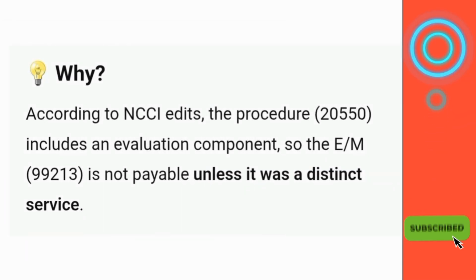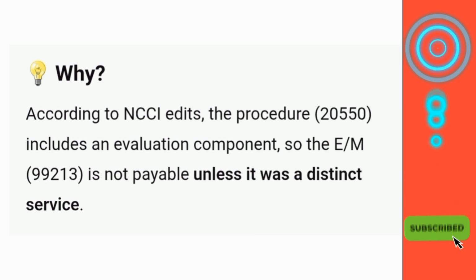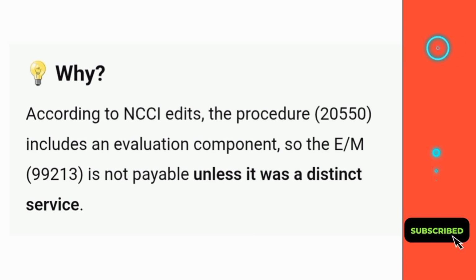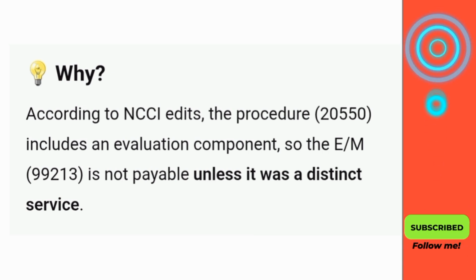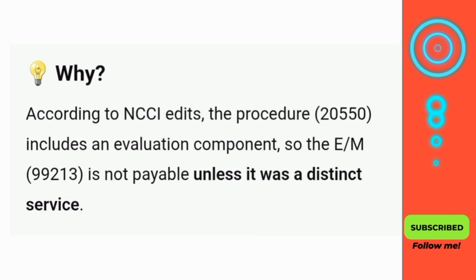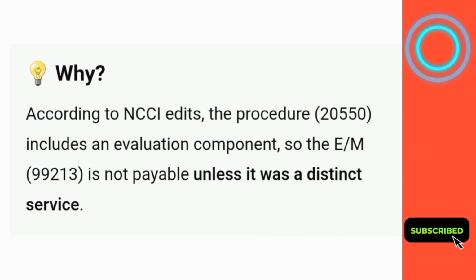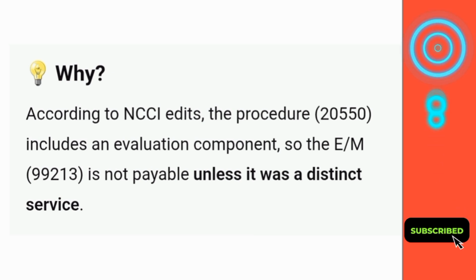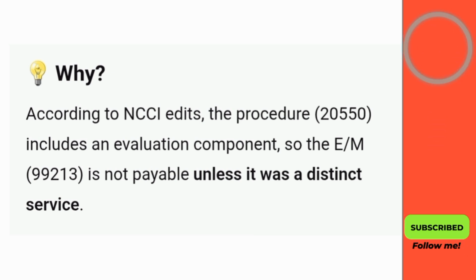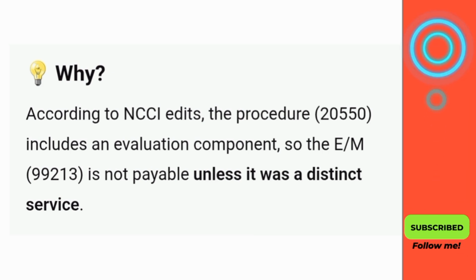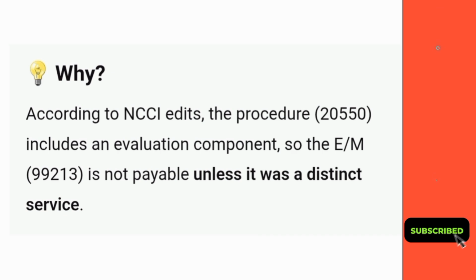So what is the reason that we received this? According to the NCCI data, the procedure code 20550 includes an evaluation component, so the E&M 99213 is not payable unless it was a distinct service. 20550 has some evaluation components, and 99213 is also an evaluation and management service, so it is the same level of service that we are billing together, and the insurance denies such claims.